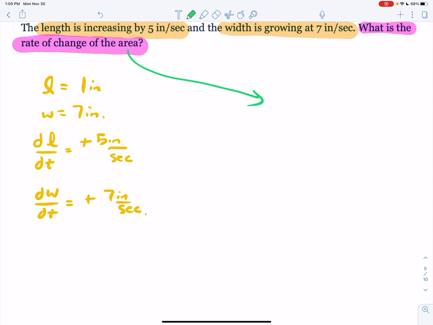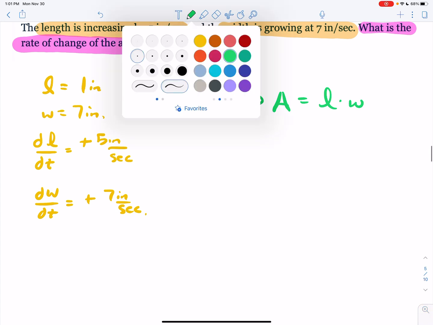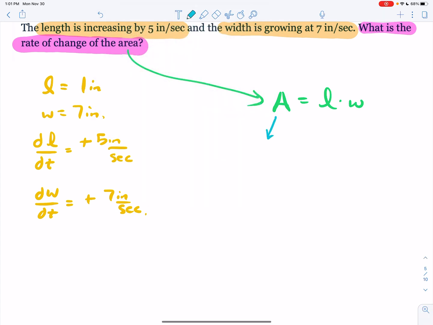Area of a rectangle, you guys know as length times width. Okay, so the equation changes, so how we take the derivative or the differential changes a little bit. So here we go. The differential of A is just dA. Okay, now remember all of those rules that you guys learned in the previous lessons still apply.